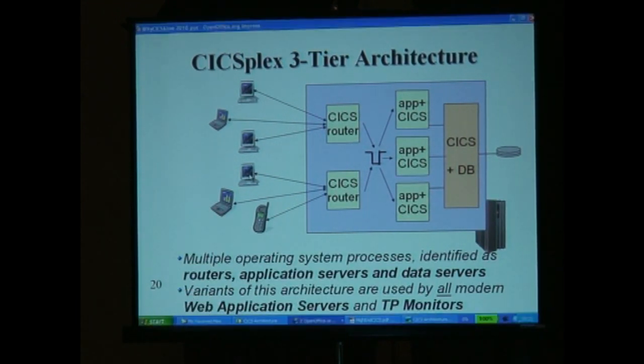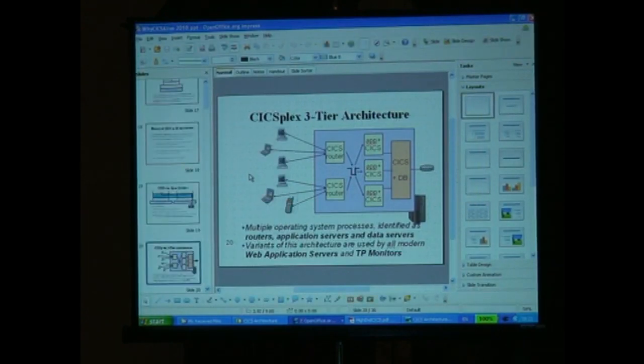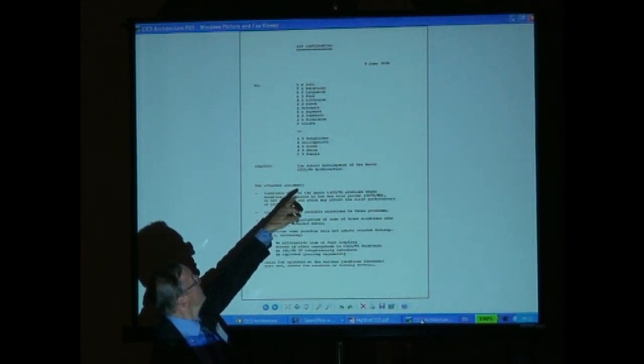If I can just digress for a moment, I thought this might interest you. I don't know whether you can read that, but that's a memo written by Geoff Robinson, June 1976, on the future development of the basic CICS architecture.